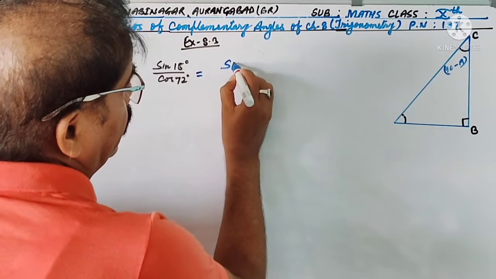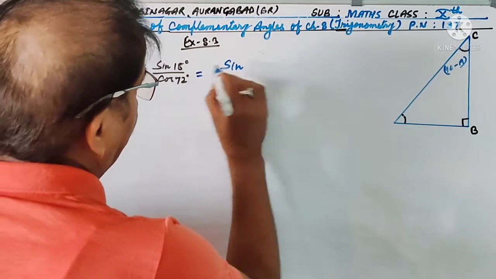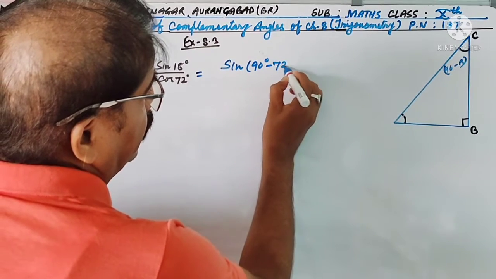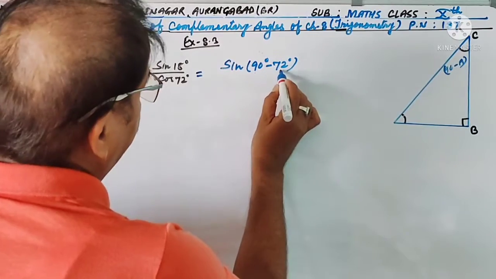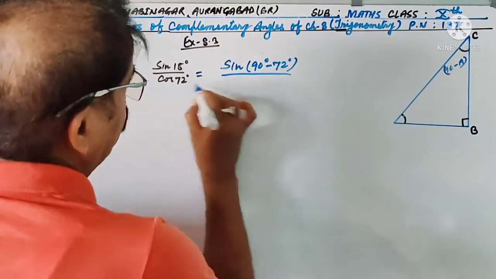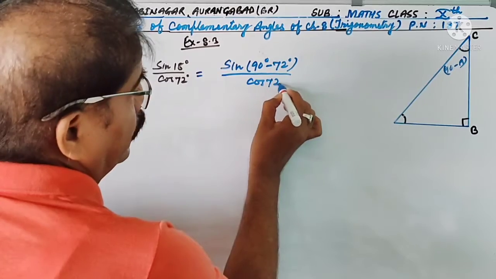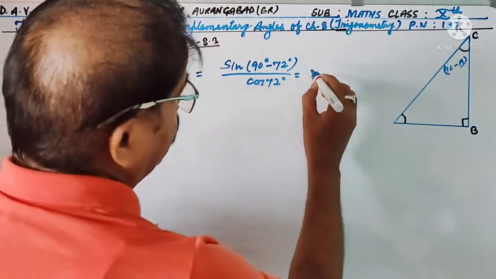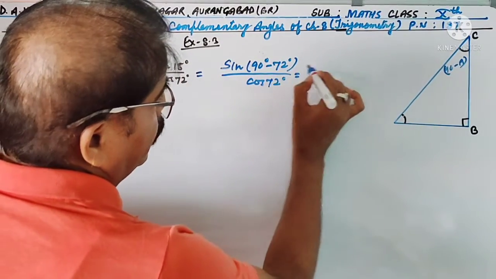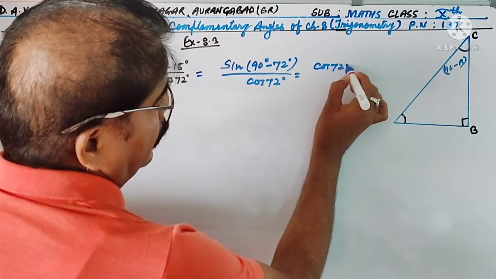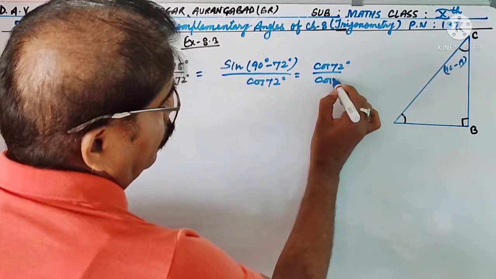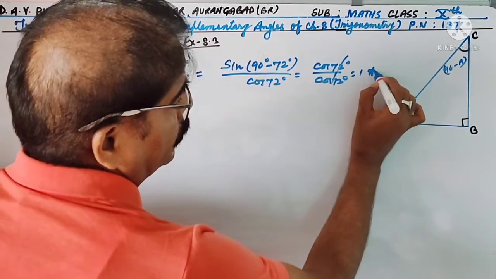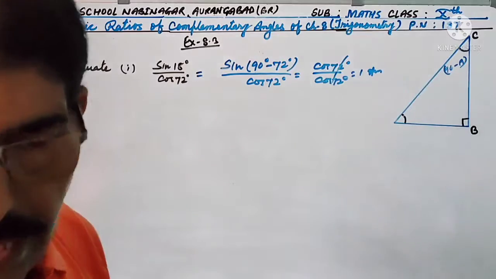We know that 18 degrees equals 90 degrees minus 72 degrees, so sin 18 is sin of 90 minus 72, over cos 72 degrees. And sin 90 minus theta equals cos theta, and here theta is 72. So cos 72 by cos 72 is equal to 1. This is your answer.